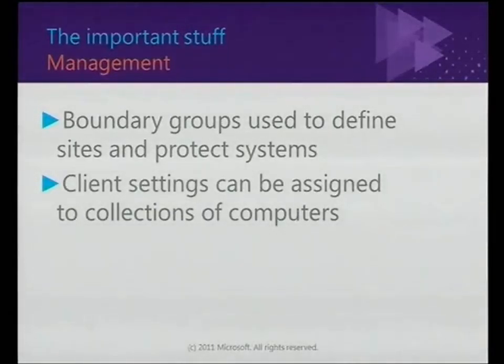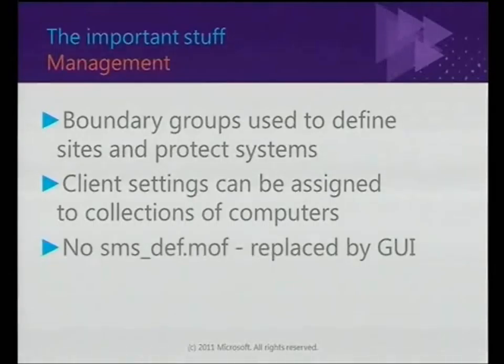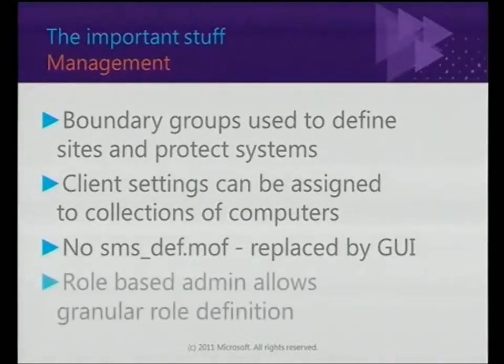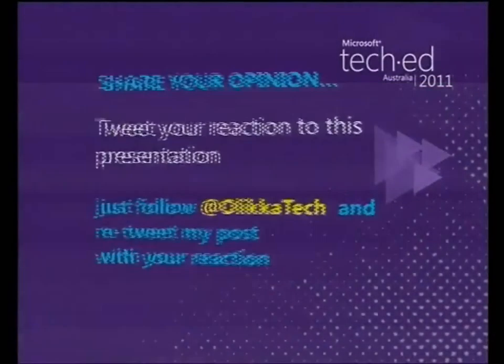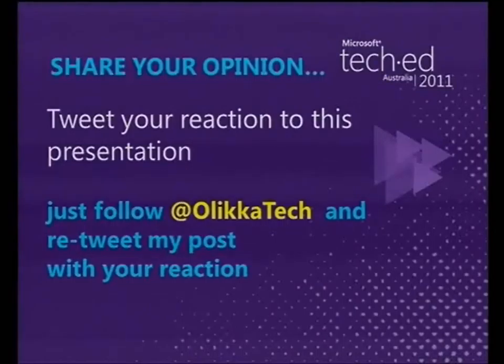They can be set individually and assigned to collections. No SMSDef.mof, a GUI for that, and there's really good role-based administration and delegation to let you not require multiple primary sites. This is a new product, obviously.